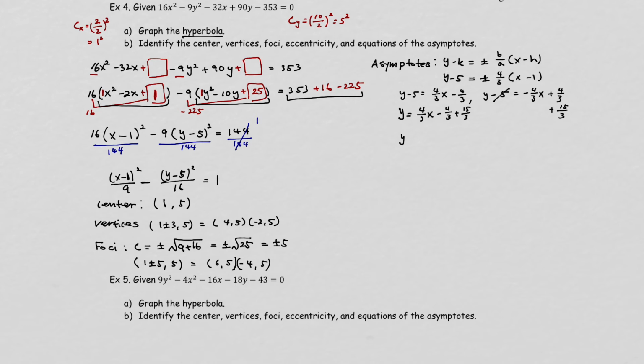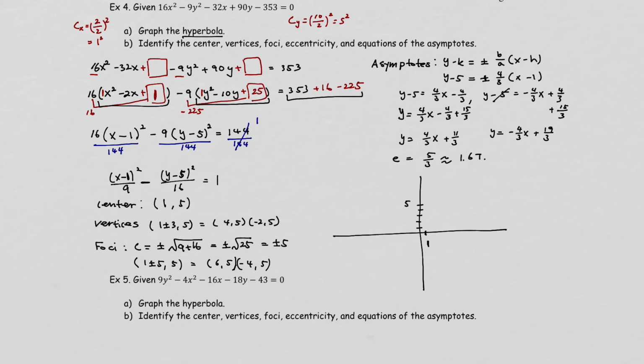You get y equals 4 over 3x plus 11 over 3, and y equals negative 4 over 3x plus 19 over 3. And that's going to be the 2 asymptotes. And your e value is 5 over 3, which is 1.67, close to.